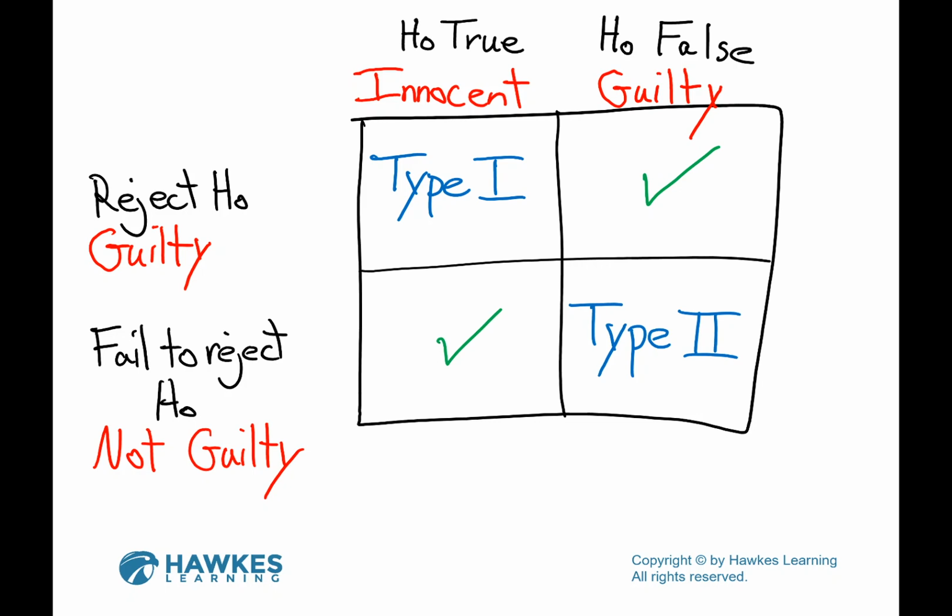Okay? Type 2 error, if we want to 100% eliminate it, we absolutely, without any doubt, absolute certainty, never let a guilty person charged with a crime go free. How can we do that? Everybody that ever gets charged with a crime is guilty.